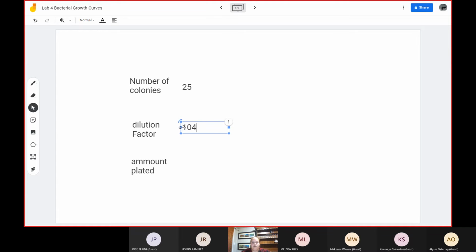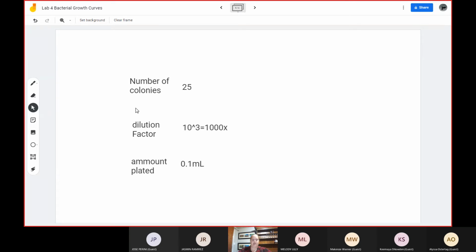So let's assume this is 10 to the 3, since we only did 3 plates. So this would be 10 to the 3, which is the same thing as saying 1,000 times less concentrated than the original stock solution, and the amount plated. So that's, again, the amount that you're actually pipetting onto the plate, which in our case was 0.1 milliliters.